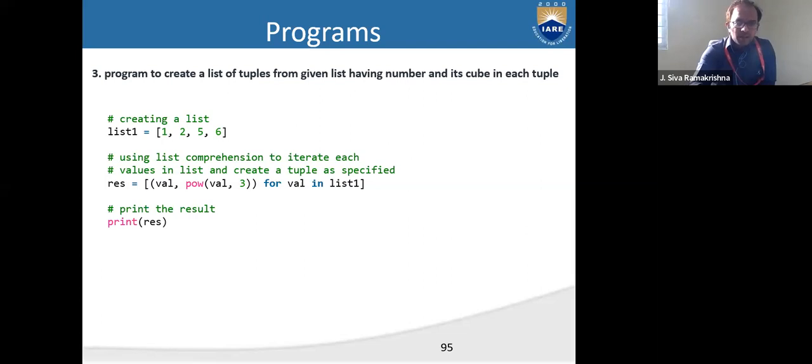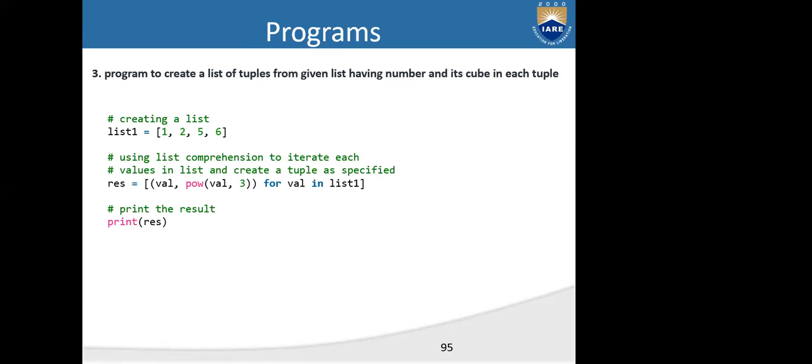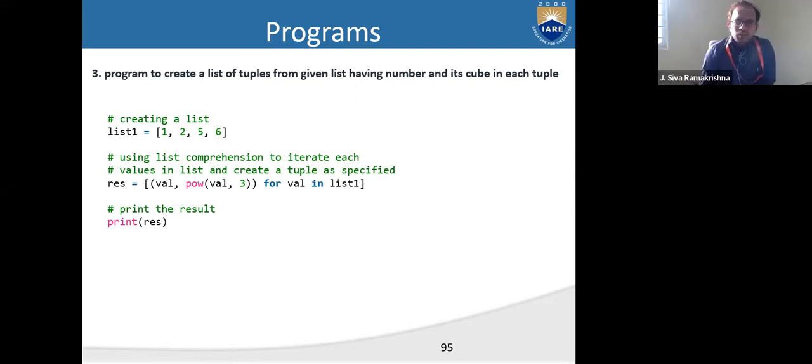Number and its cube. Suppose you are given the value 2, the tuple will be formed with 2, 8. Why only take IDX? There is no need to use IDX.